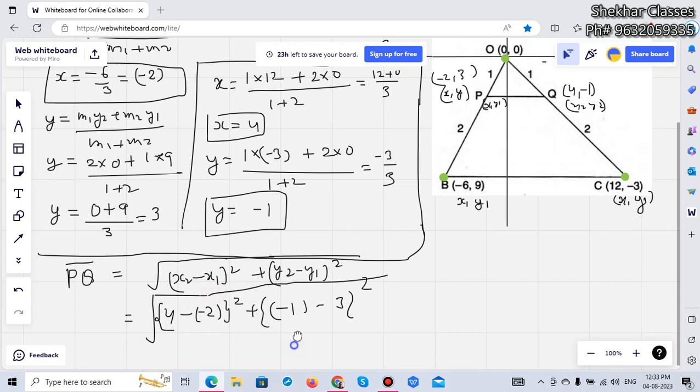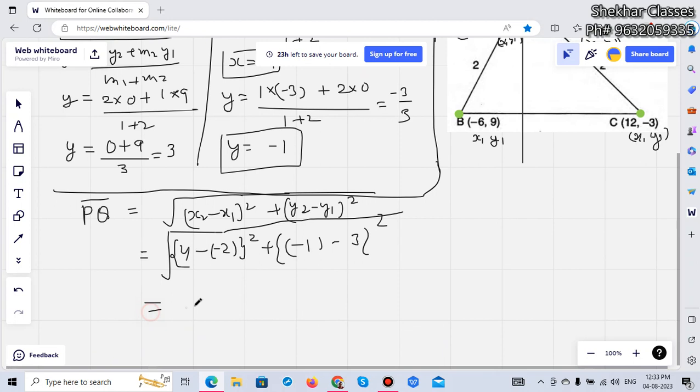If I solve it here, what do we get? It will be 4 minus minus 2, which becomes plus 2, the whole square, plus minus 1 minus 3 the whole square.